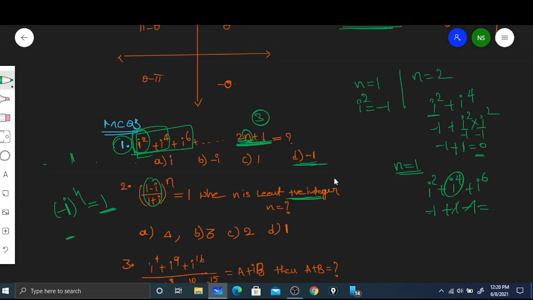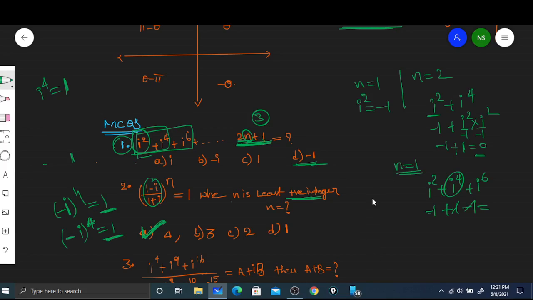To get the result 1, minus i whole to the power of what? We all know that i power 4 is equal to 1, so in the place of n we need to take 4, then only we will get 1. So our solution is option A.